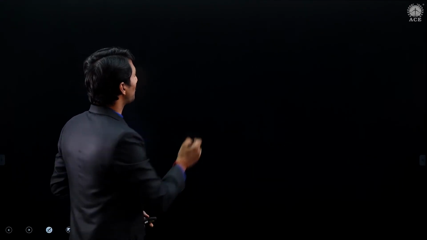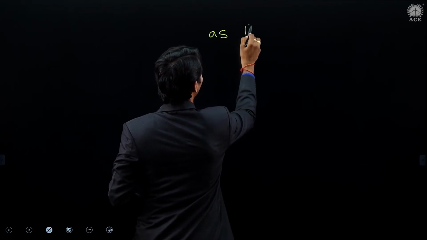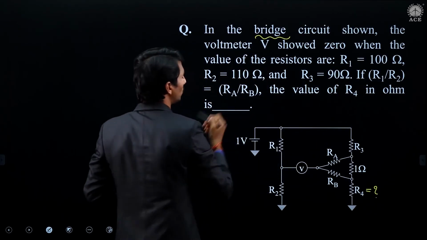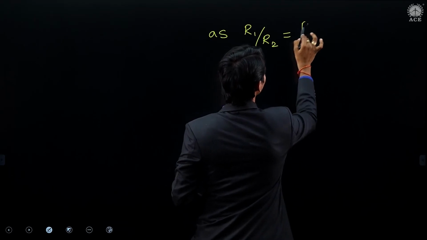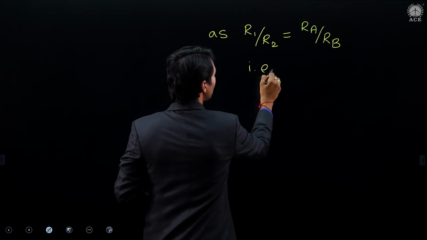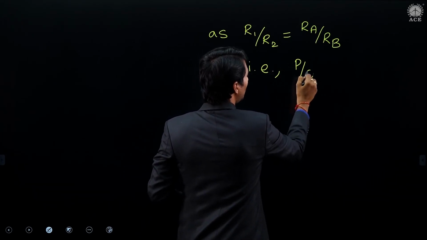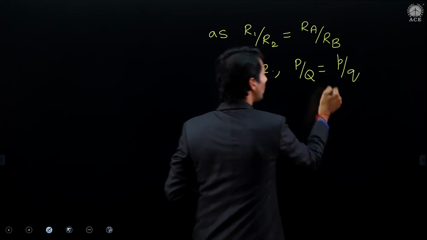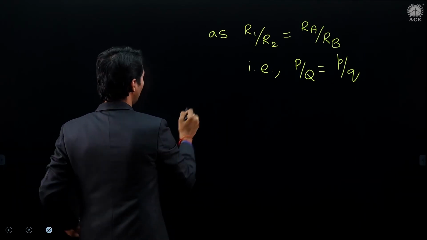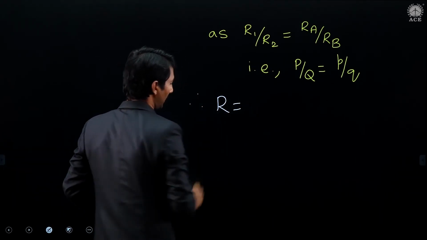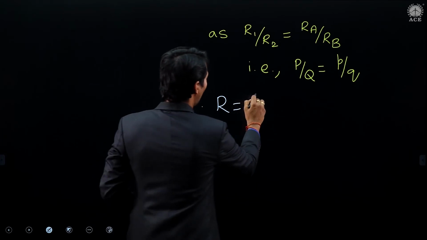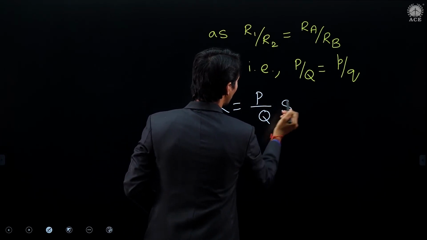So I am writing here R1 by R2 equal to RA by RB. That is according to normal terminology, P by Q is equal to small p by Q. Ratio is same. Therefore, finally, R can be written as, this entire term becomes 0, P by Q into S automatically. Yes, R is equal to P by Q into S.